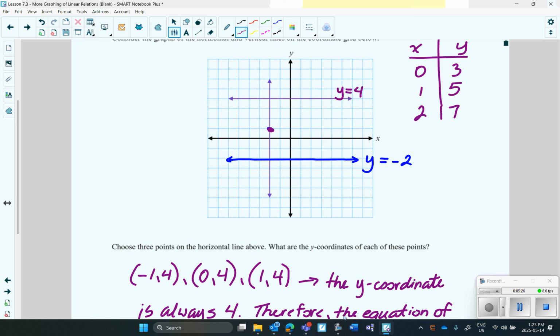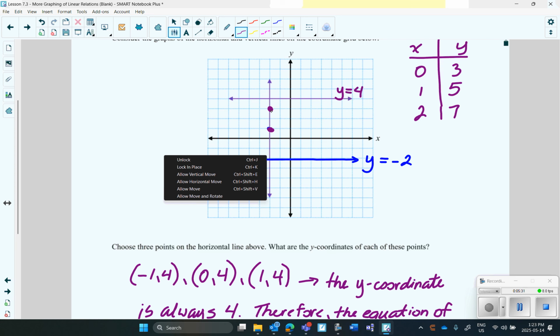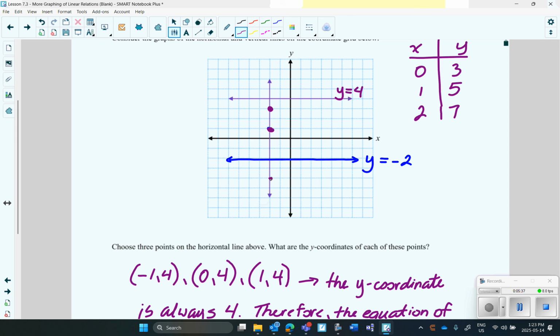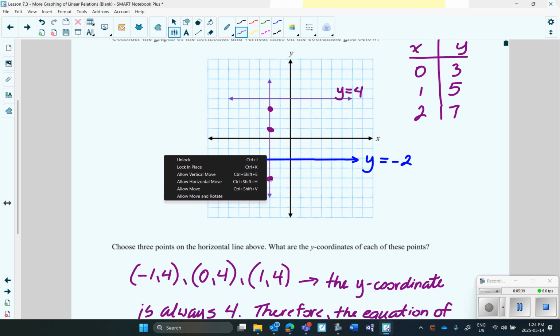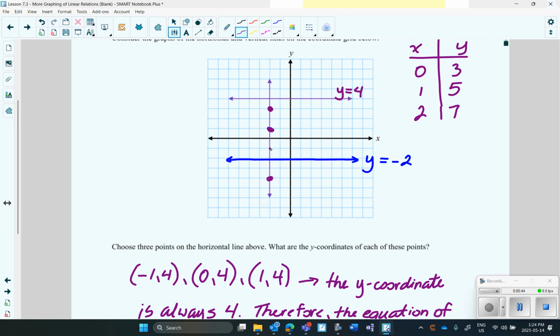Oh, -2, 3. Give me one more. -2, -4. Lucy, you were going to say? -2, -1. There's a whole bunch.